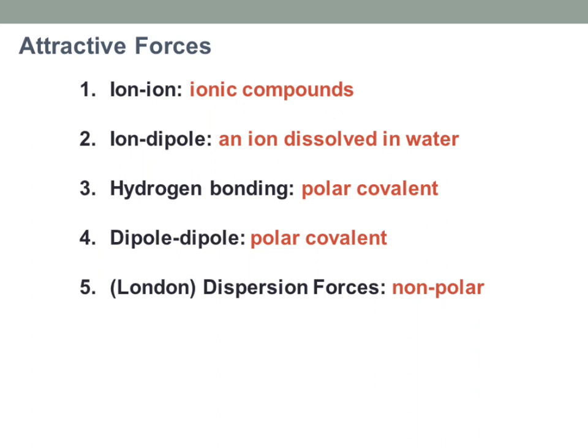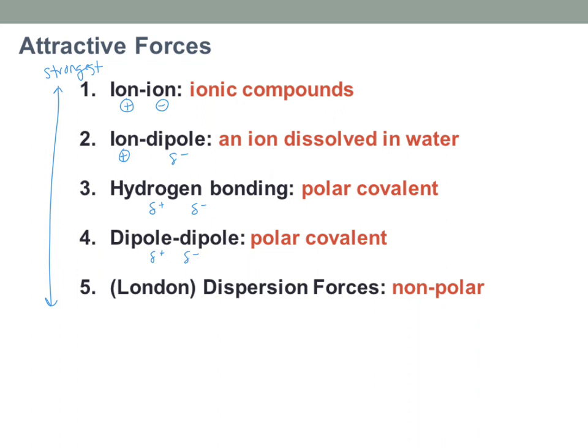We'll talk more about ion-dipole in the next video. But I've arranged these for you in order of strongest to weakest. Your number one, the strongest, is ion, because ion had the full charges. Ion-dipole will be the next one because you have a full charge with a partial charge. Hydrogen bonding is a type of dipole-dipole, so you have partial charges on both.